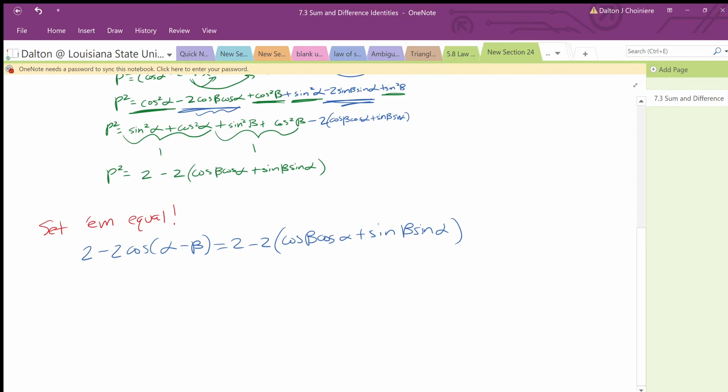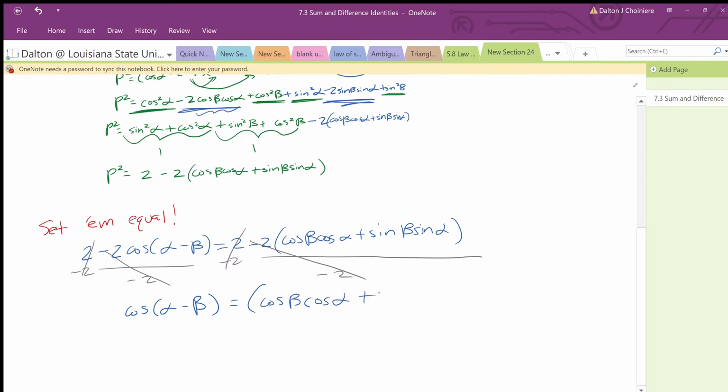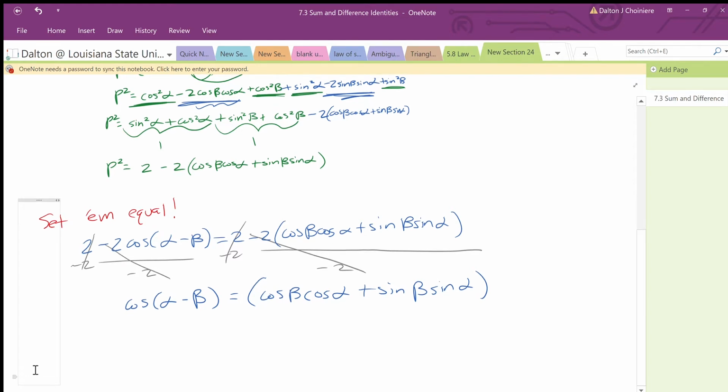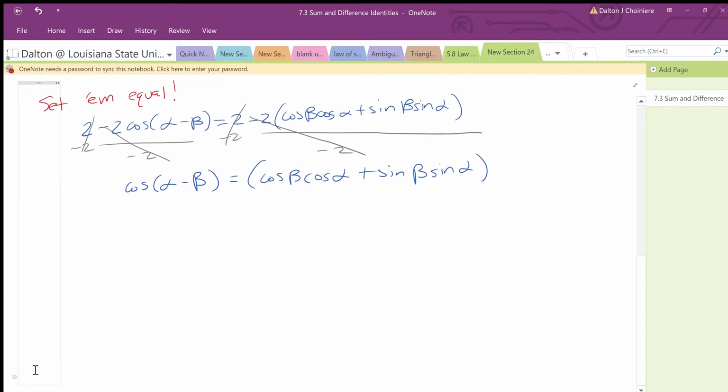And then if I clean this up a little bit, if I subtract 2 from both sides, that disappears. And then if I divide both sides by negative 2, those negative 2's disappear, leaving me with cosine of alpha minus beta is equal to cosine of beta, cosine of alpha, plus sine beta, sine alpha. And you may not realize it, or you may not even appreciate it quite yet, but you just derived one of the sum trig identities, and that is super powerful.